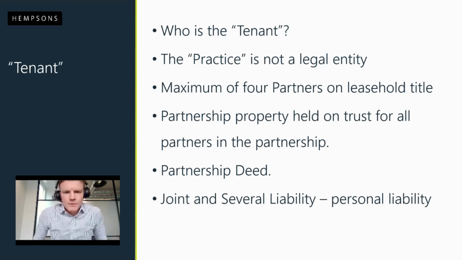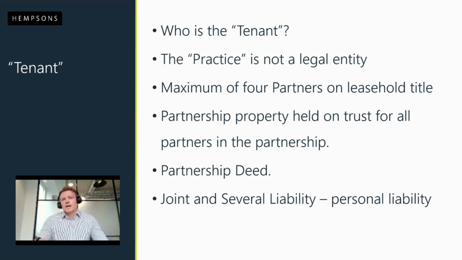Brilliant, thanks, Harry. So as Harry's saying, we're going to be focusing on the rack rent style leases as opposed to the longer capital leases. And one of the main questions that comes up early on is, well, who is the tenant going to be? What is the tenant entity that's actually entering into that lease?